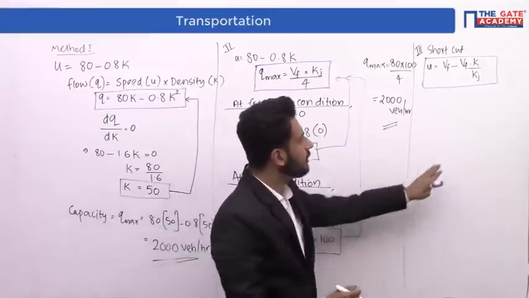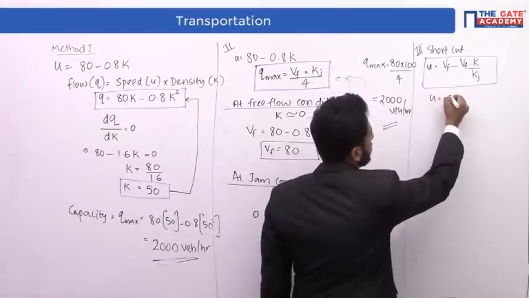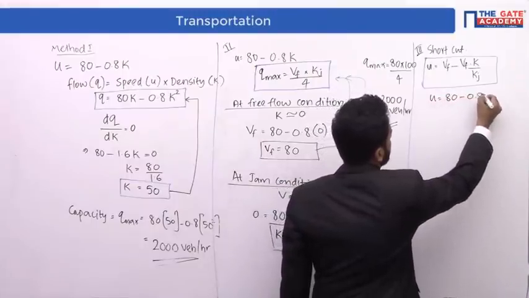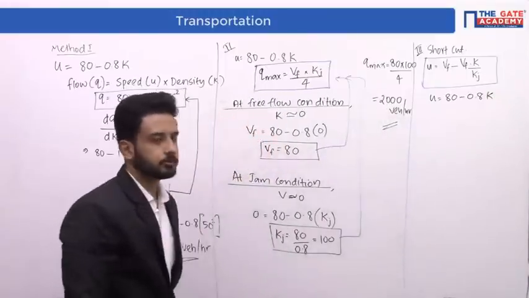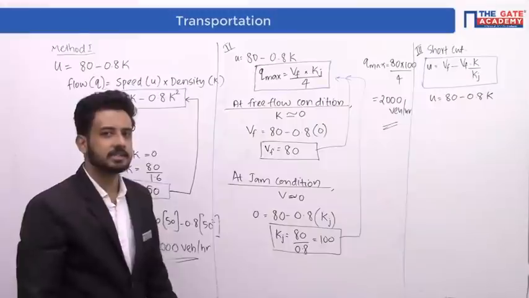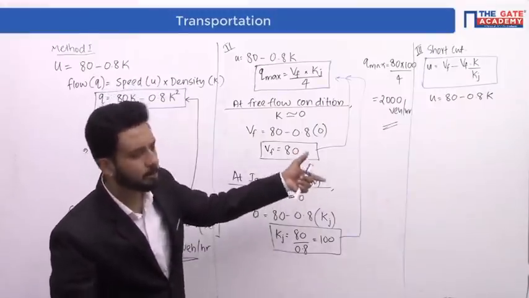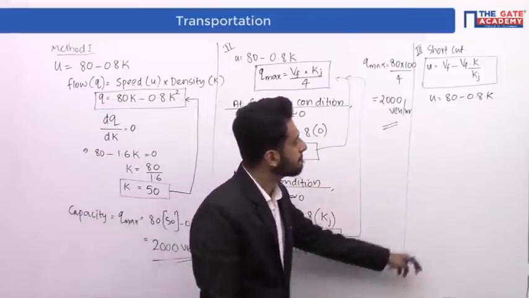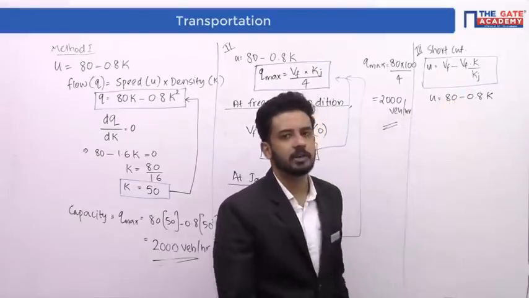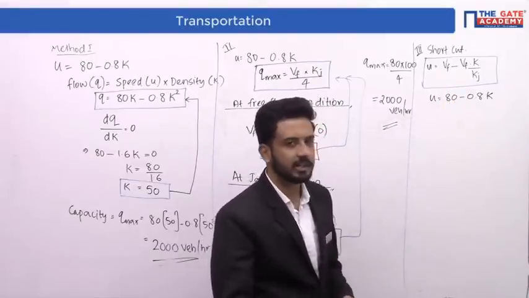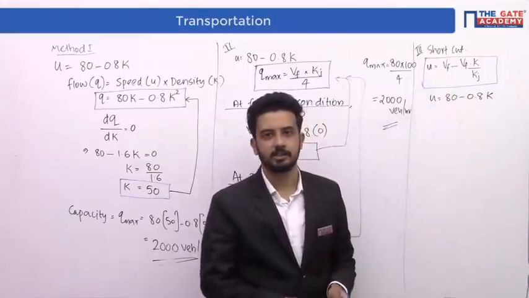So we already know there is an equation like this, and the given expression is U is equal to 80 minus 0.8 K. So does it look the same? Yes, it does. Correct? So by comparing those two equations, the standard equation given by Greenshield and the given expression, what do you understand? This Vf corresponds to 80. Correct?